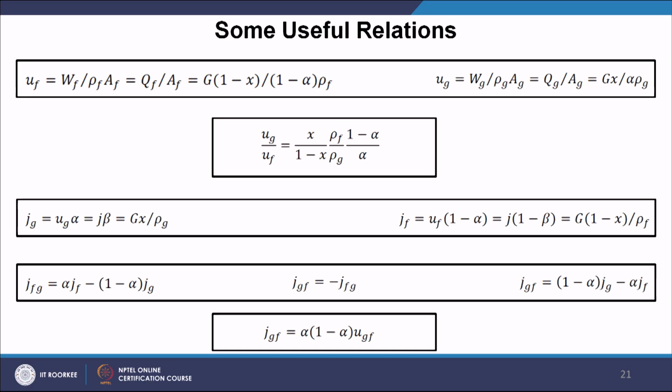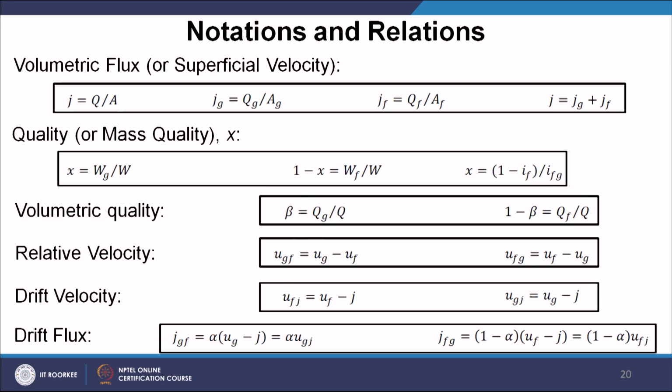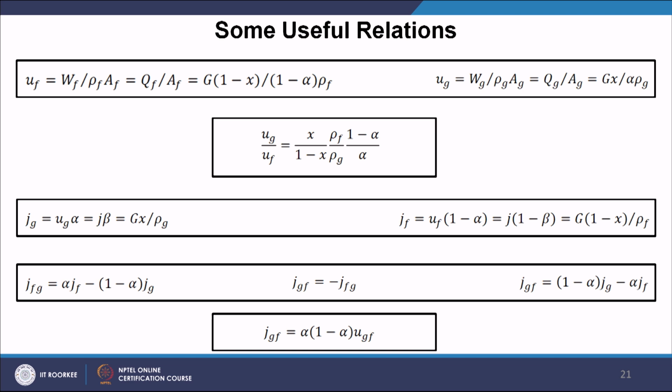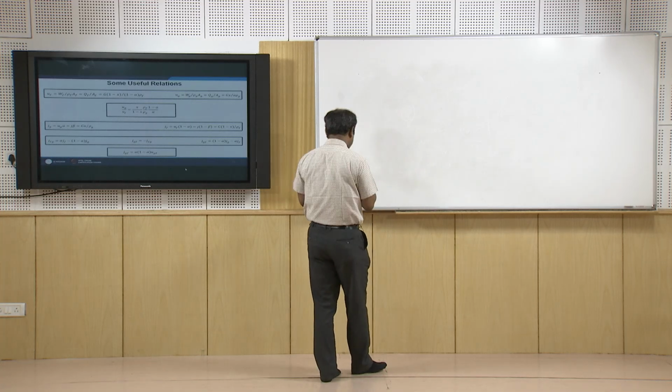So, we can write UF is equal to Qf by Af. On the other hand, already we have shown in the previous slide that JGF is equal to alpha into UGJ. So, what we can do here is write this Af and Qf in terms of this. How? Let us try to see how we can write this.